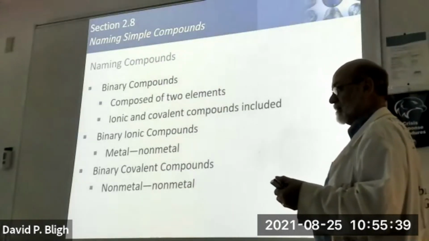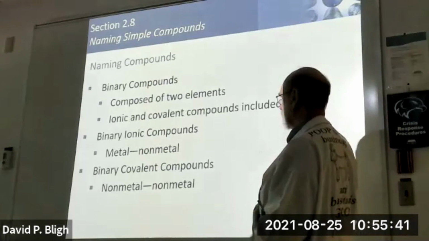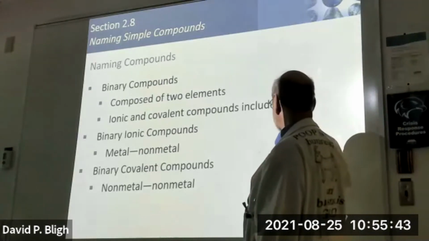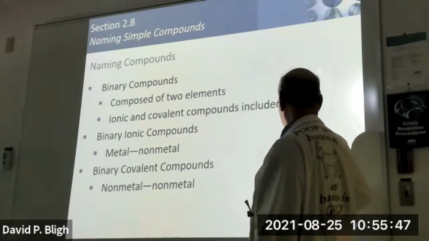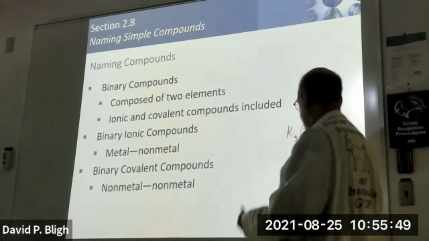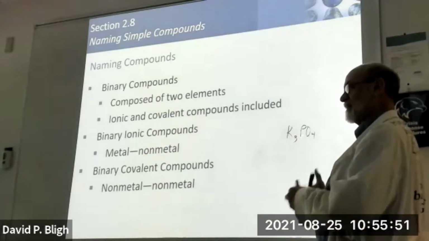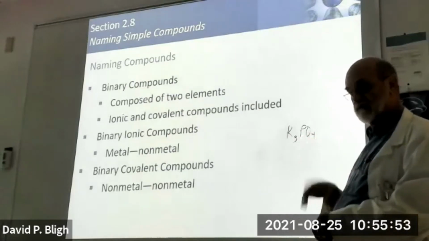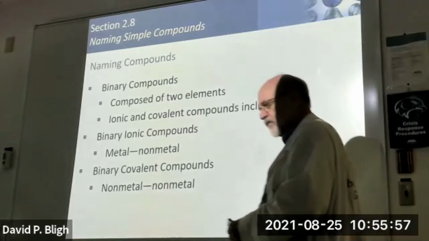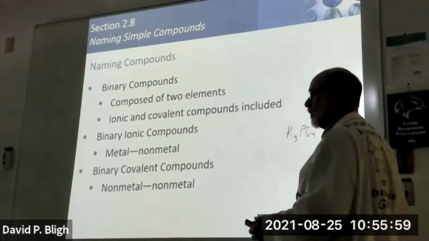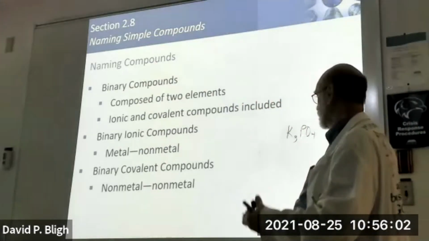Or if I give you a formula and say potassium phosphate, you can name it. So you go backwards and forwards between writing the correct formula or naming the compound.